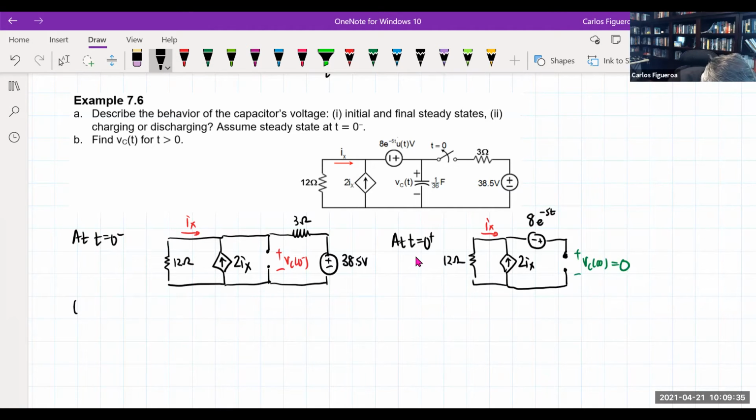So our solution must be a discharging cap. If it's not, we know we've got a problem.